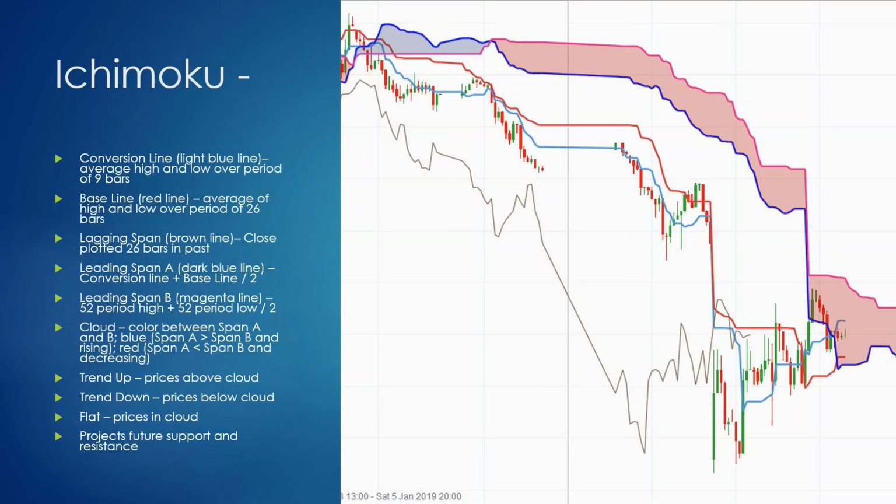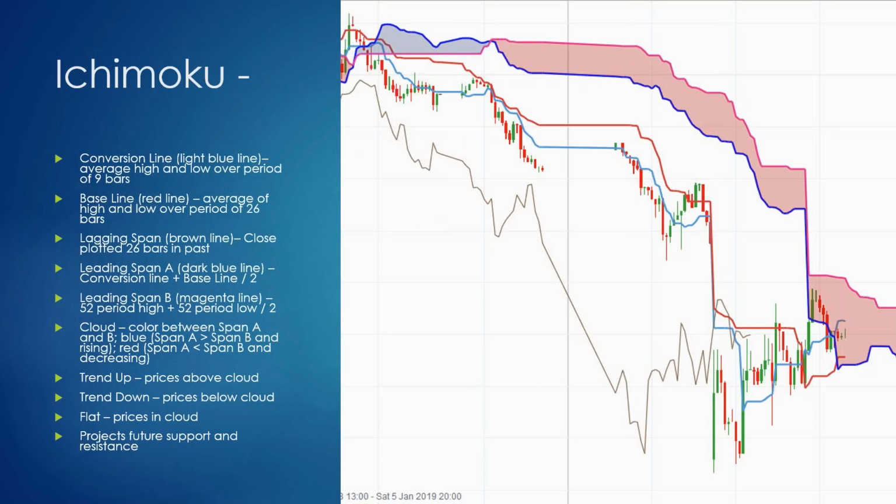Now, the Ichimoku has a lot of information in it, but basically what we're going to be looking at is what they call the cloud. So in this case, you see I have a blue cloud that recognizes an uptrend, and the red is for a downtrend. Okay? Now, anytime the price is above the cloud, it is generally considered an uptrend.